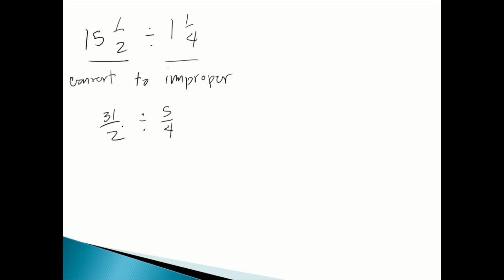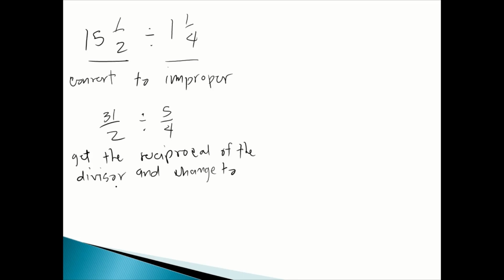After that, we get the reciprocal of the divisor and change the division sign to a multiplication symbol. In that case, that's 31 over 2 times 4 over 5.